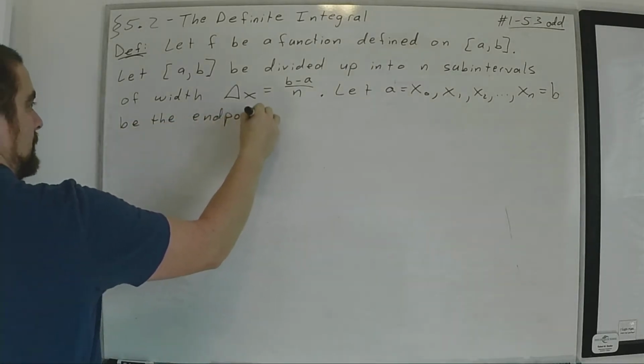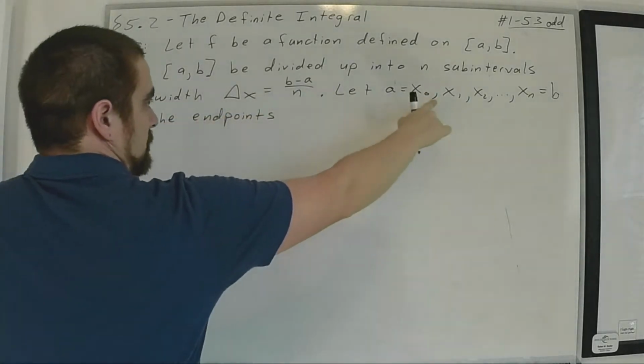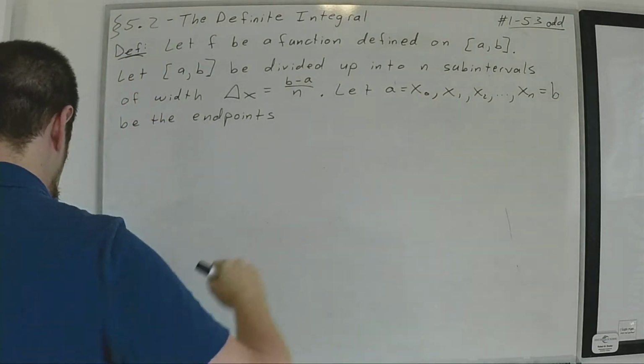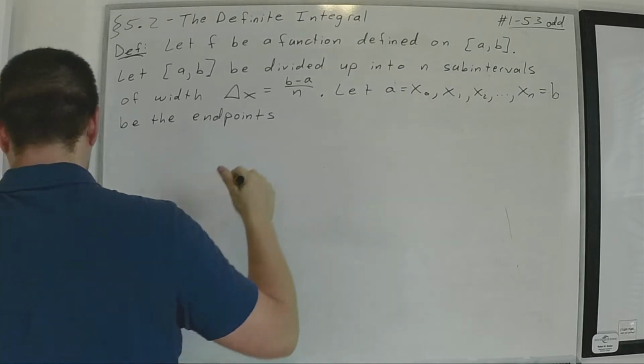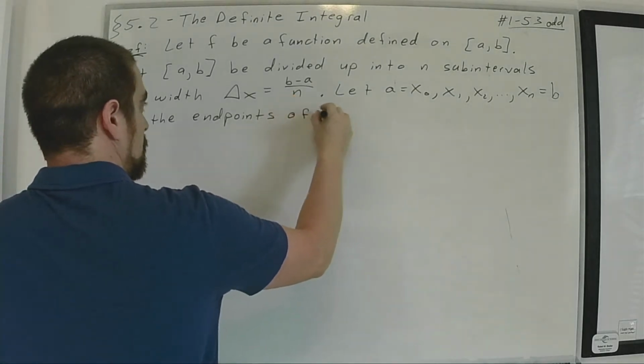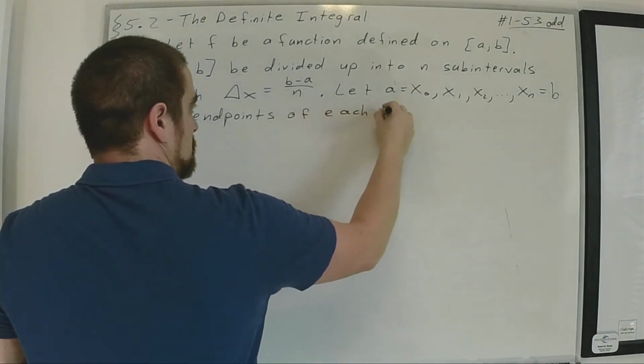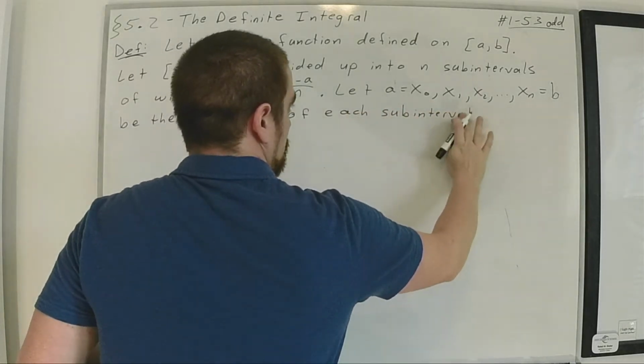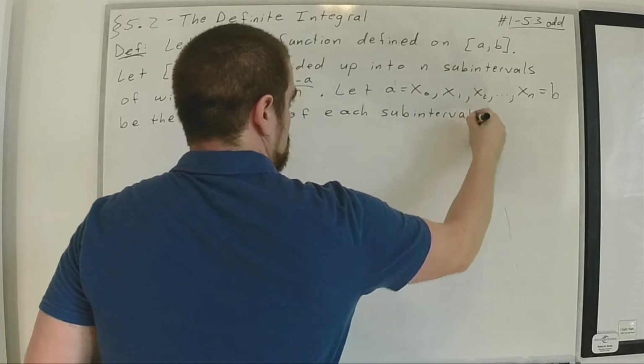So we are going to let x0 all the way up to xn, starting with a as the leftmost endpoint, b the rightmost endpoint. And each one of these is an endpoint of each subinterval.